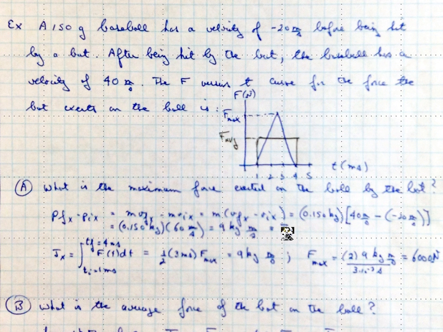That is equal to the impulse, and the impulse is the area under the curve, which is 1/2 the base times the height of this triangle. So it's 1/2 times 3 milliseconds, time is in milliseconds here, times the height, which is F max, and we can now solve for F max and see that we have a 6,000 newton maximum force here.